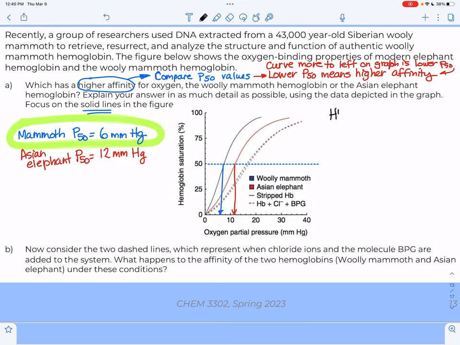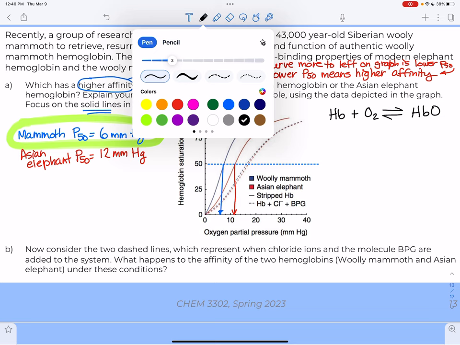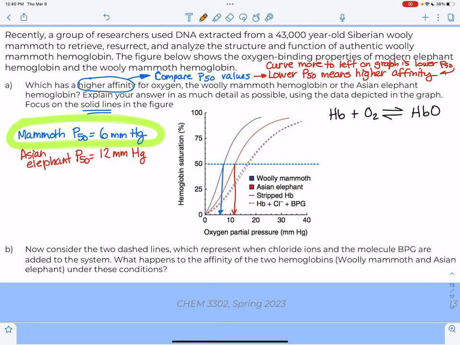We've got our hemoglobin plus our oxygen making our hemoglobin bound to oxygen. What happens when chemical reactions are cooled down, or when they are sped up? Temperature has an effect on chemical reactions.